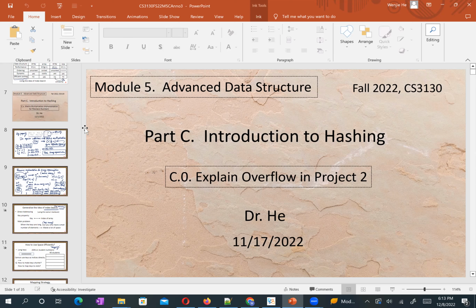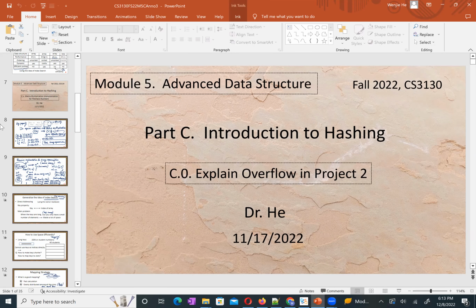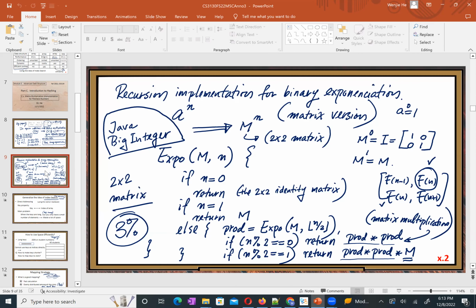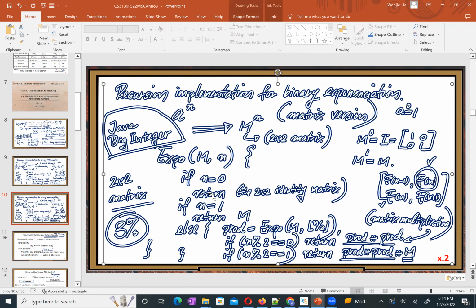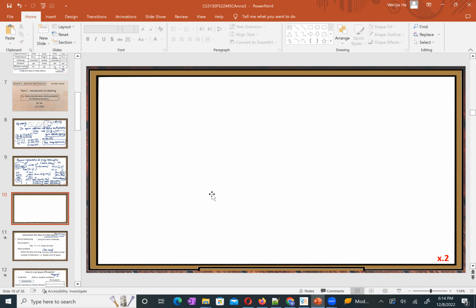Let me get a blank slide so I can use it to explain that overflow question. I copied that slide, but let me remove the old handwriting. So I get a blank slide. Let me use this one to explain that overflow problem.